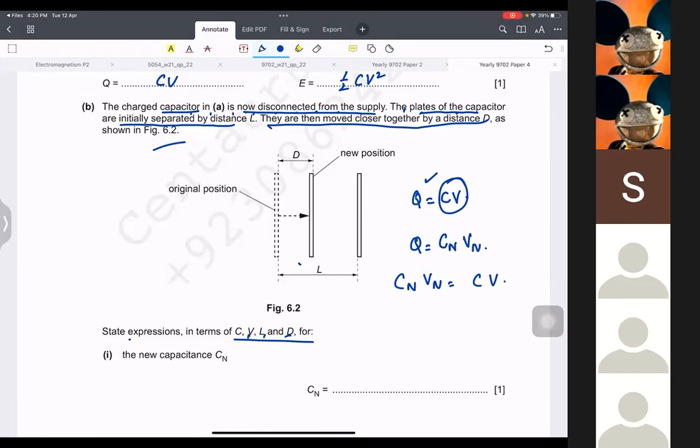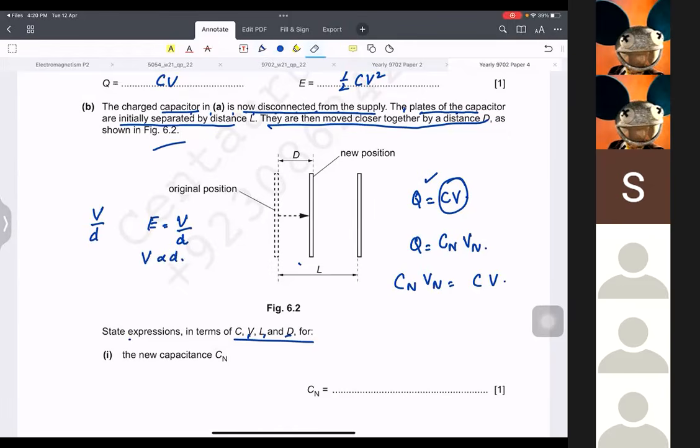The new voltage, because the distance is smaller, how is it related? Electric field strength is basically voltage over the distance, V upon D, right? So it means voltage is proportional to distance.